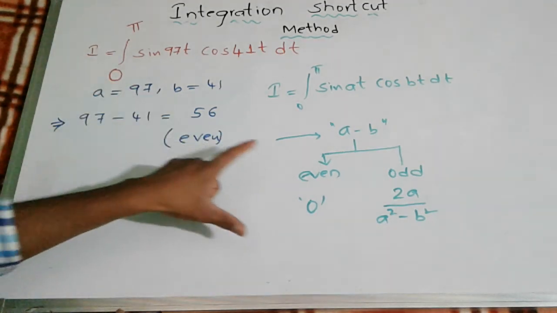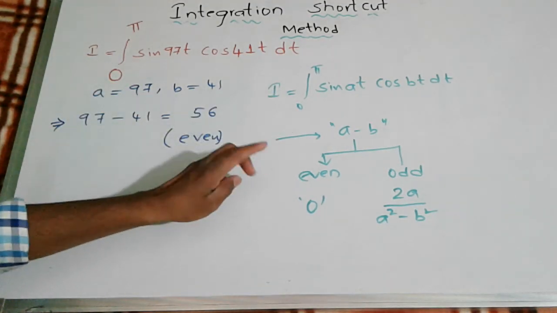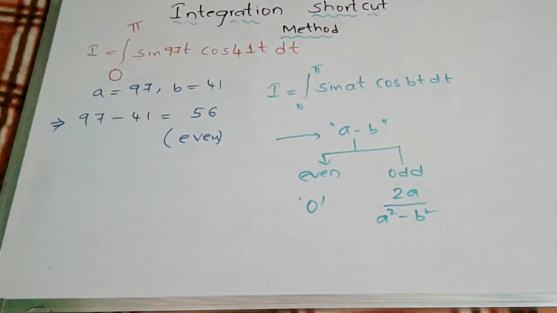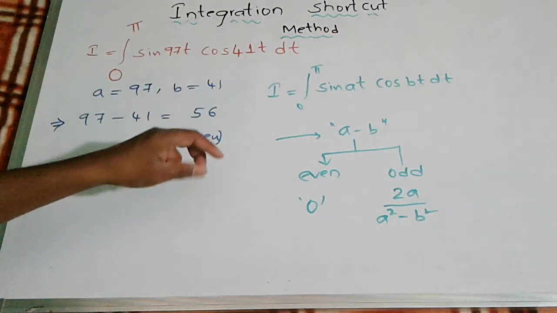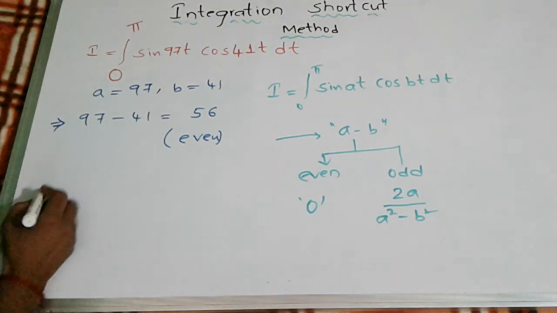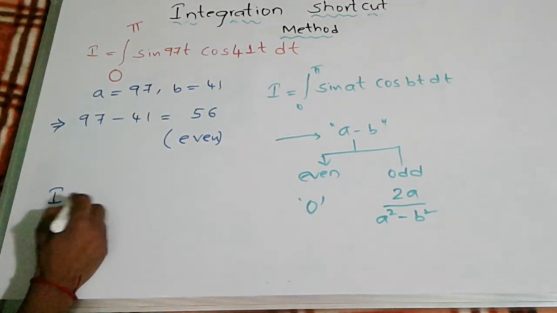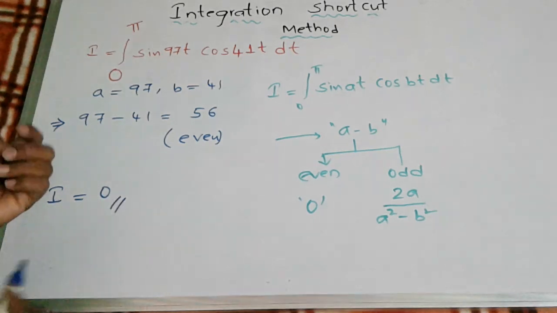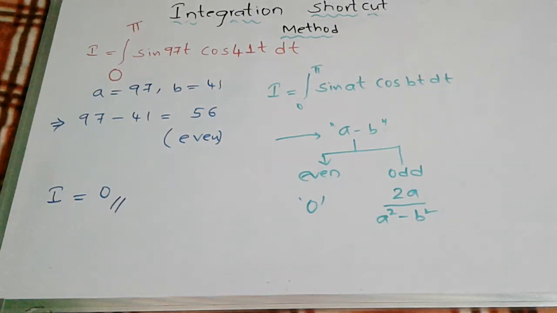So what we have in the trick is, if the value of a minus b is even, then the total value of this integral becomes simply 0. So we get I as 0. That's all. In this way you can solve questions within seconds in your competitive exams, right?